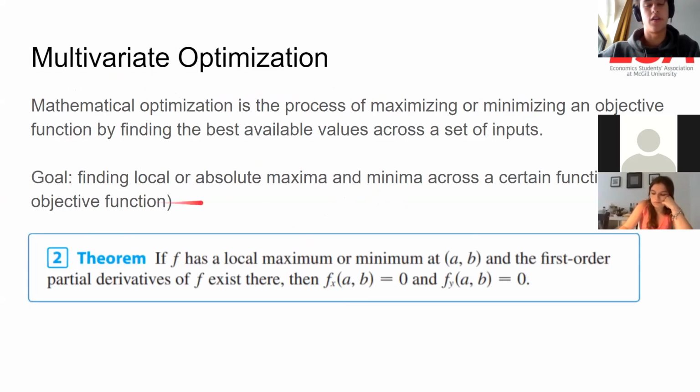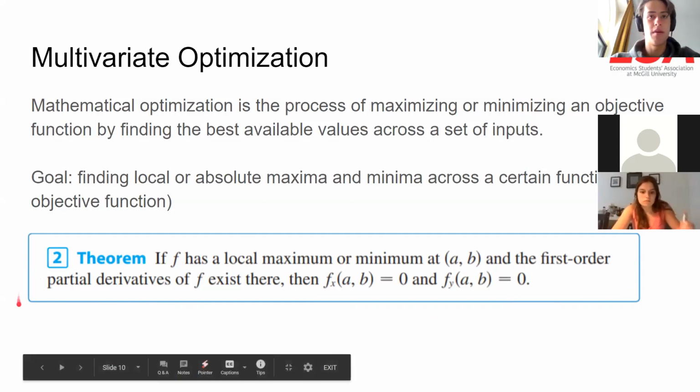What this helps us to do in economic terms, if we're talking about utility or production, is find the best set of available inputs in order to maximize our profit or utility overall. So this will be quite relevant, and I think is the most important part of this workshop for you guys.